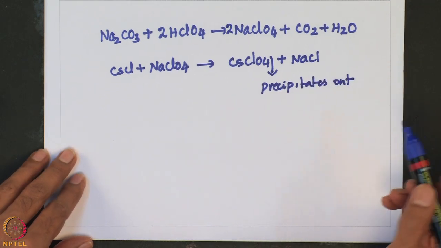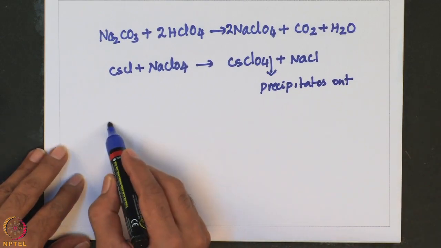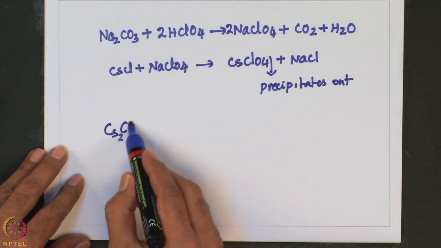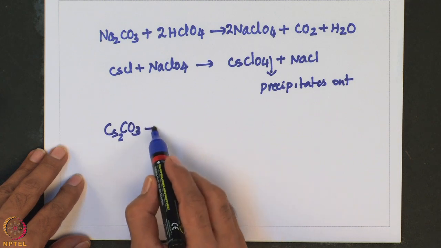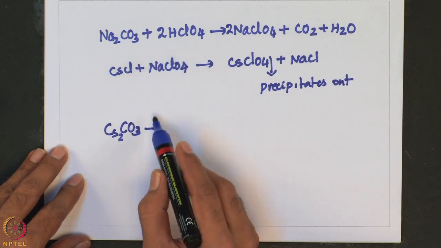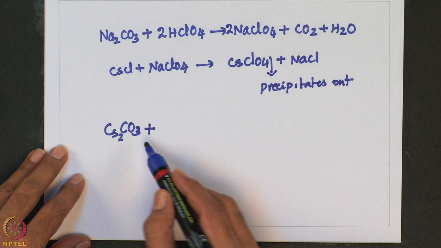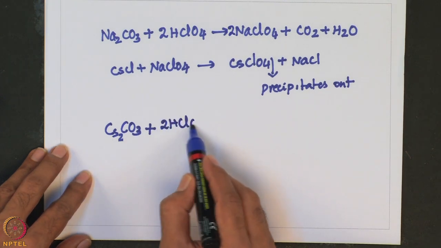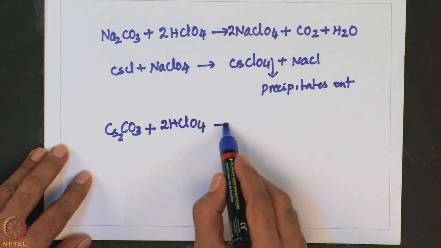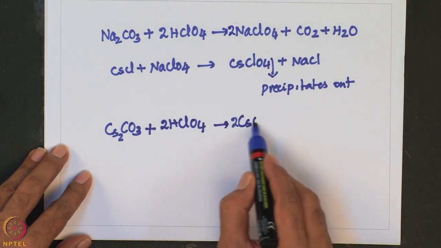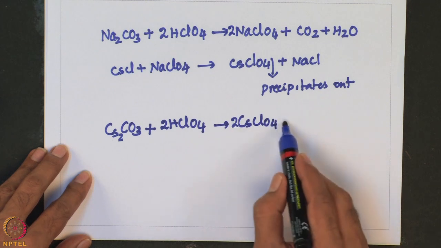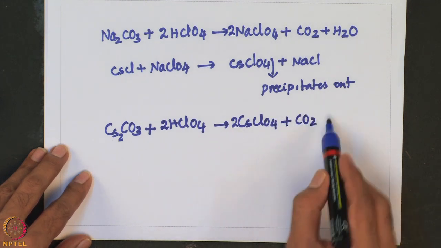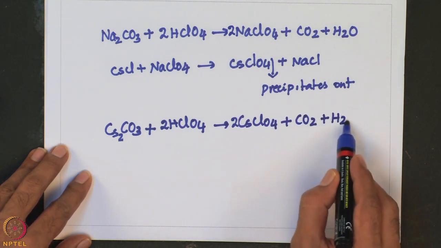Or one can also start from cesium carbonate, in a similar fashion to the sodium carbonate reaction. Treat cesium carbonate with perchloric acid. It gives cesium perchlorate plus CO2 plus H2O.